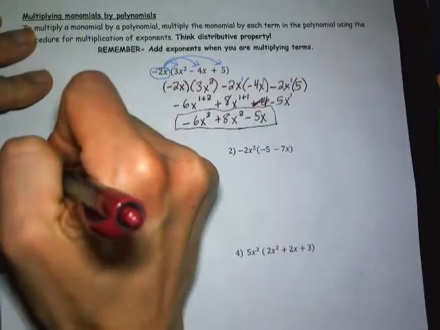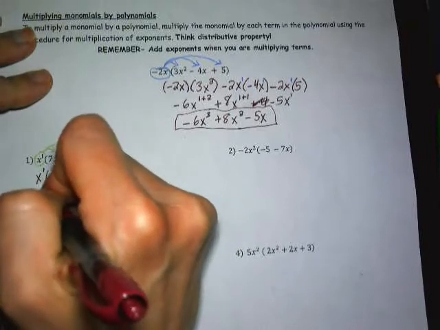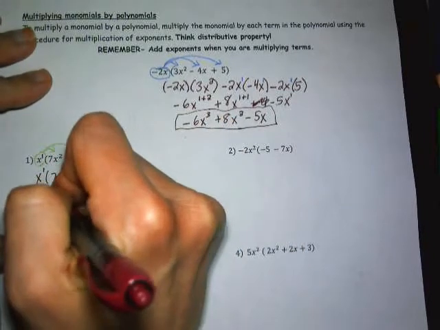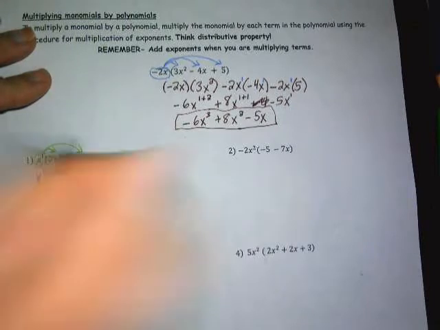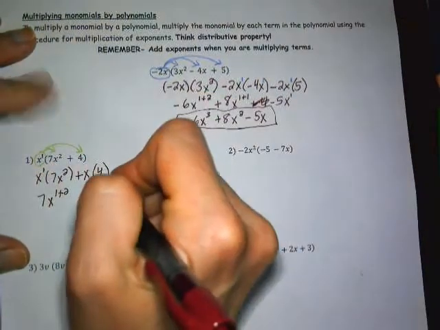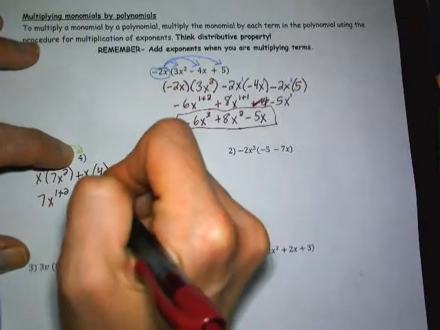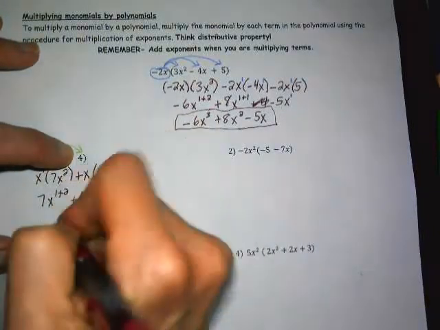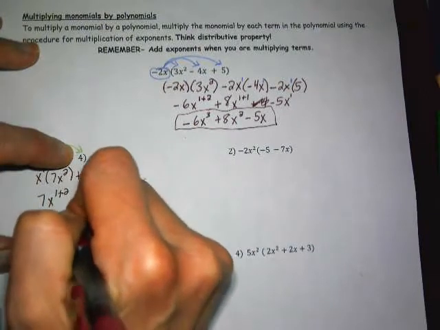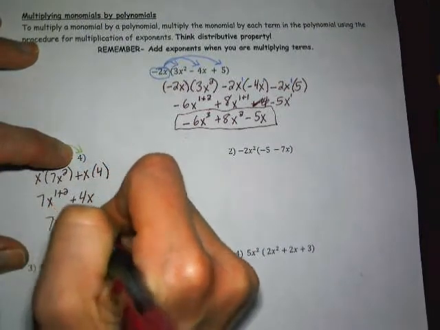Here I'm going to add my exponents. So 7 times 1 is 7. X to the 1 plus 2. And then on this side we've got 4 times x, which is just 4x. And then I need to add my exponents. 7x to the third plus 4x.